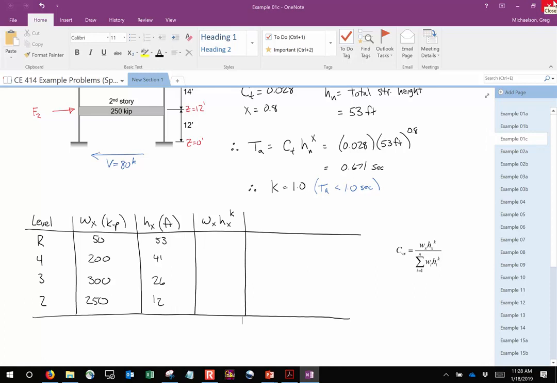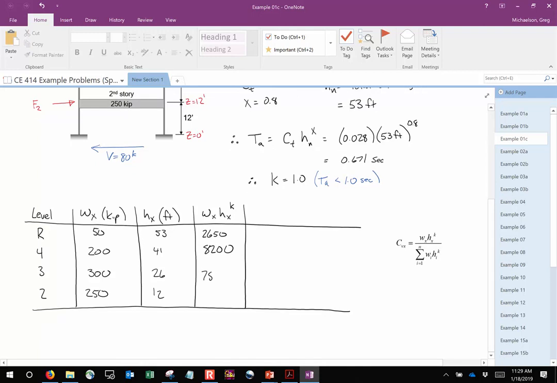What is this times this raised to the 1? 2650. What is that times that raised to the 1? Okay, the next one, 7,800. Good. And somebody else on the next one. Okay. Now, the next thing I'm going to do, I need somebody else to tell me what is the sum of that column. So adding those up, what do I get?